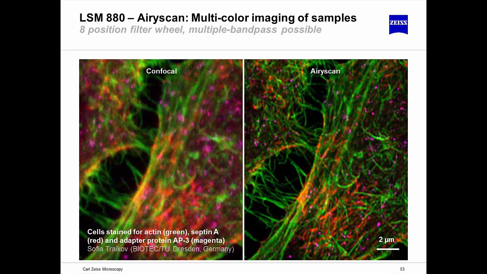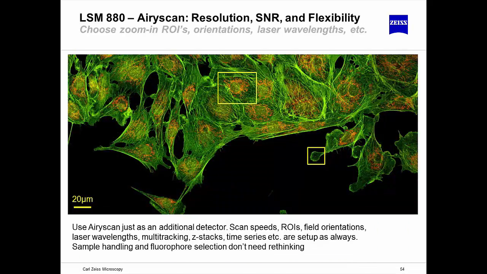Multicolor imaging is made possible either by the filter wheel or by laser switching. We have multiple bandpass filters, so you can quickly acquire 2, 3, 4 color images with the Airyscan. Because the rest of the imaging system is the same, you can do everything you would normally do on a point scanner.